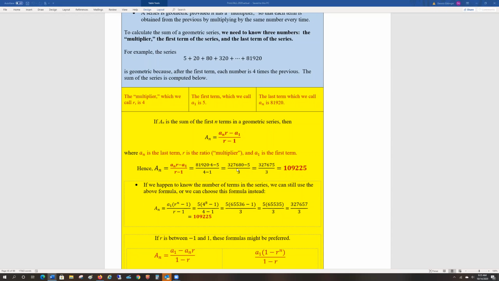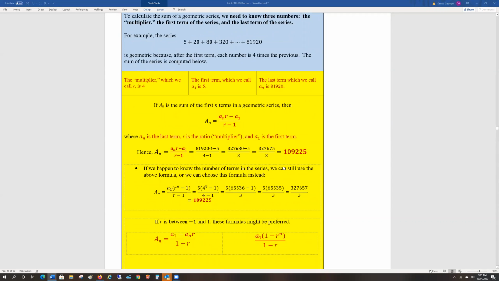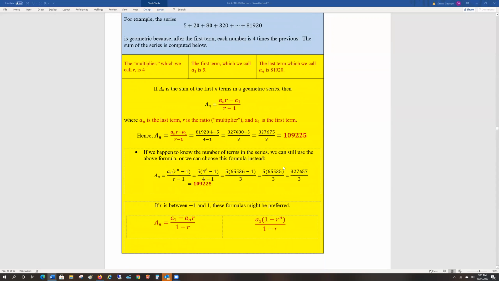Not good. So we use our calculator to figure out that that total is 109,227. It's not even 110,000 yet, and here we are adding up a whole bunch of numbers that total 109,000. This is some very powerful mathematics, and it has some wonderful applications, which I will show you maybe in a week or so.